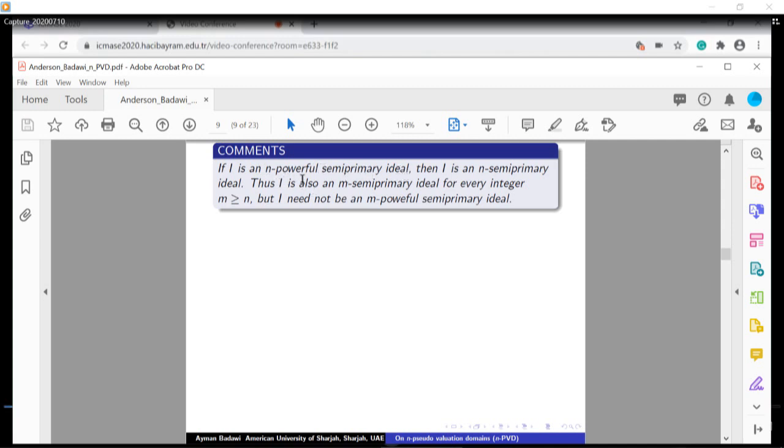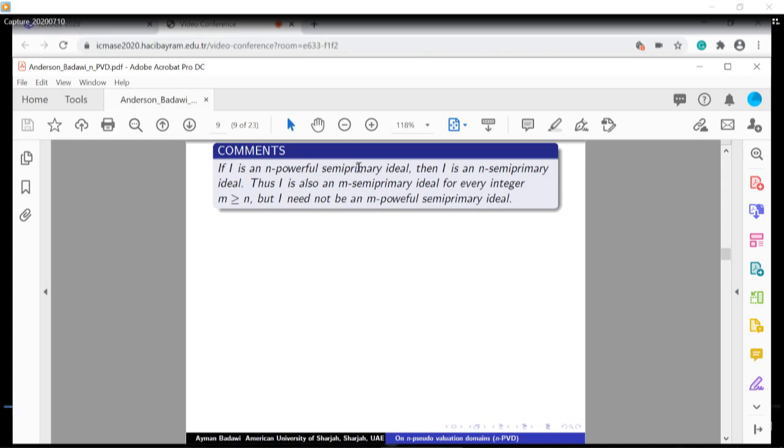Does it mean I is m-powerful semi-primary ideal for every m bigger or equal to n?